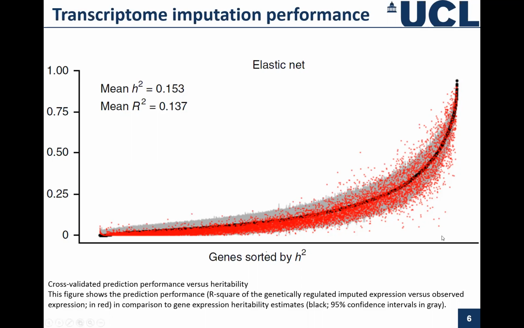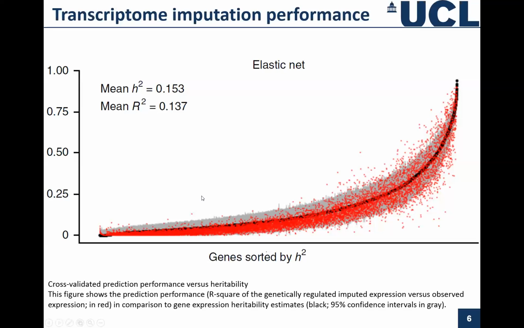So out of this graph, you can take one of the limitations of this model: in the end, you will not be able to have a gene expression model for every gene in the exome.